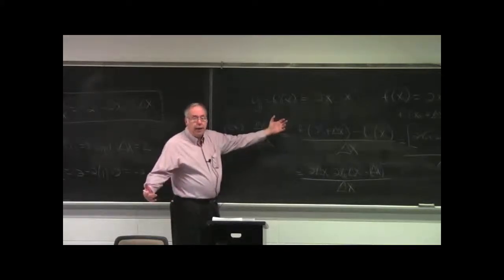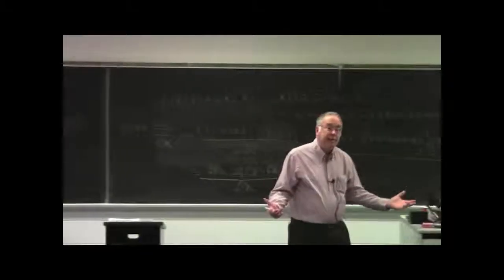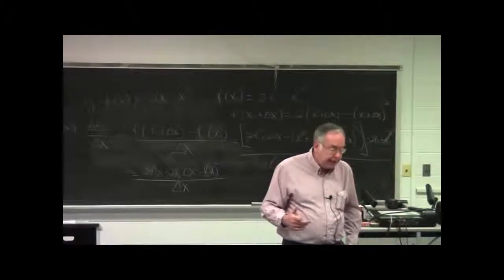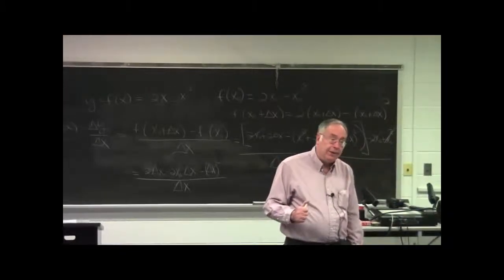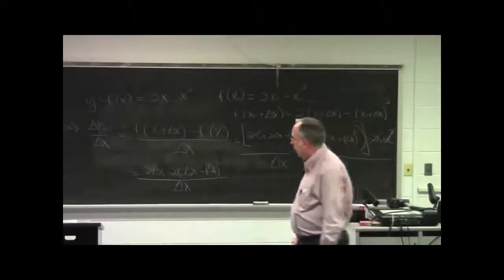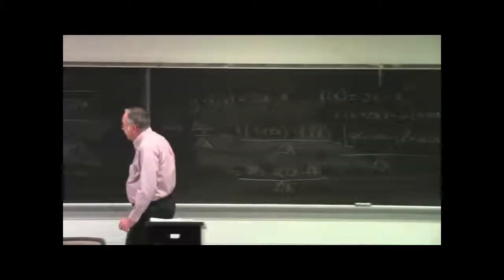As x approaches infinity, y will approach minus infinity. So it's turning down as x gets bigger. Or as x approaches minus infinity, y is approaching minus infinity. So then you know it's going to be upside down U.